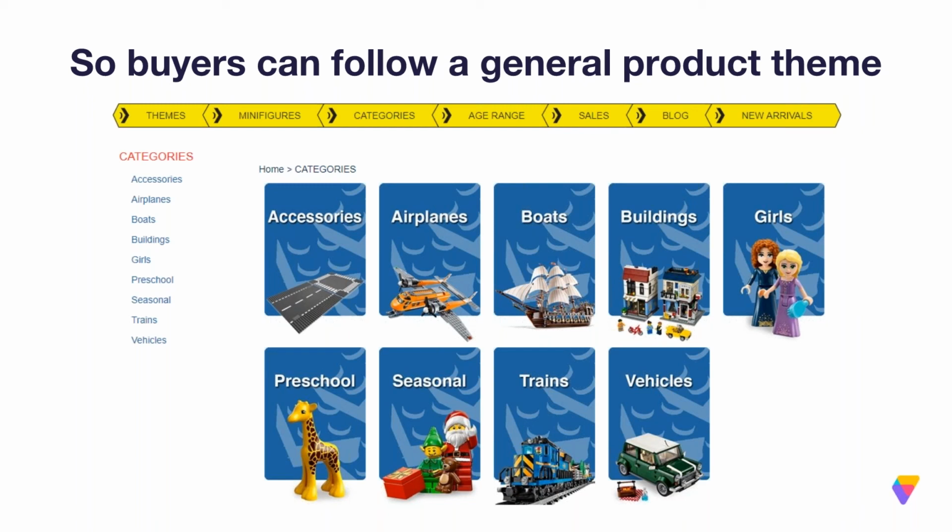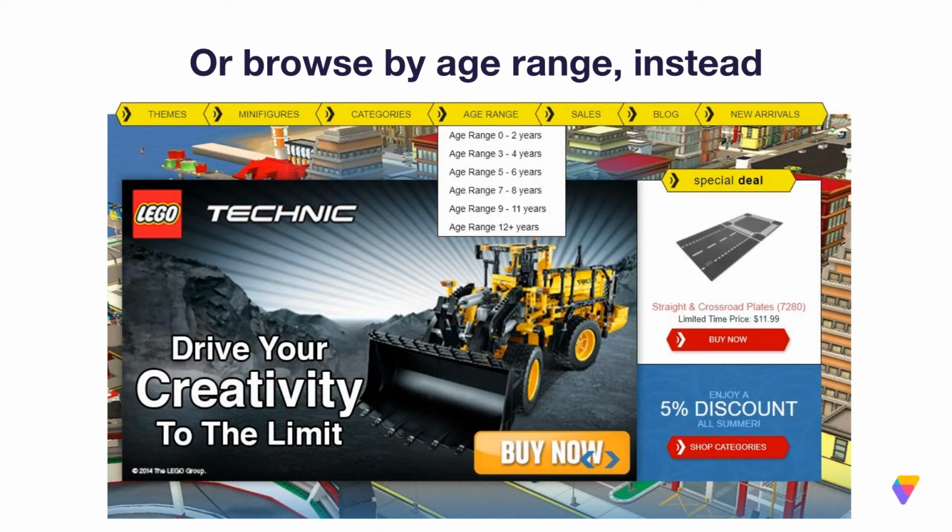Correct. So another thing that they've done really well is they've opened up their keyword targeting to a different type of search query by using age range. There are certainly pieces of Legos that we want to keep out of the hands of infants and small toddlers because they could swallow them and hurt themselves. So we can naturally segment our products by age range here.